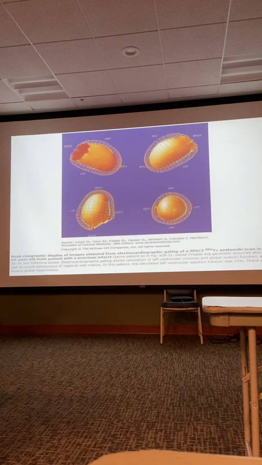And then we can gauge the studies. So we can get an ejection fraction off of it. This kind of is what that looks like when we get a 3D image of the heart. We can look at regional wall motion, overall ejection fraction. Each camera does a little bit differently. The camera we have uses a Cedars-Sinai protocol. And I find that the numbers don't often match the echo numbers.